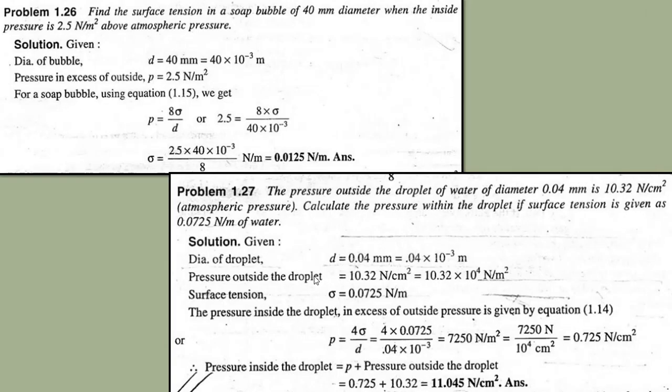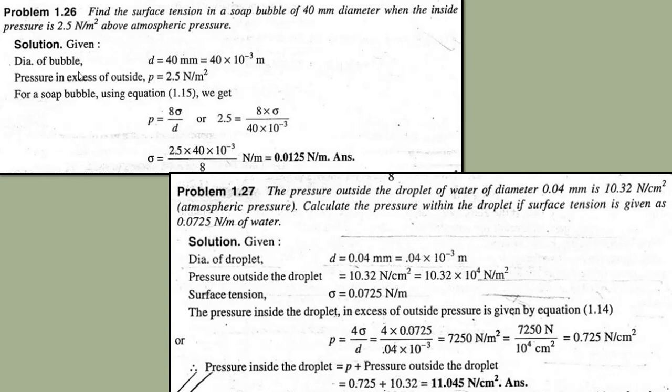Then find the surface tension in a soap bubble of 40 mm diameter when the inside pressure is 2.5 Newton per meter square above atmospheric pressure. So here diameter of bubble small d is equal to 40 mm, which is 40 into 10 raised to minus 3 meter. Pressure in excess of outside, P is equal to small p, is equal to 2.5 Newton per meter square.